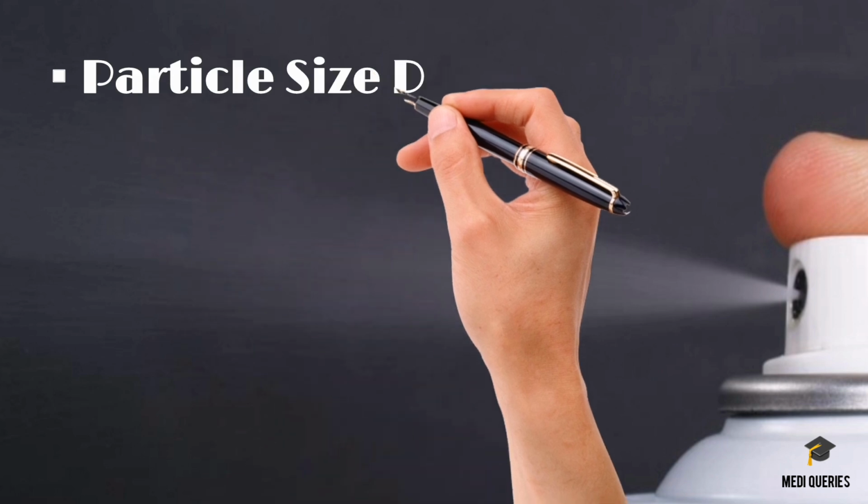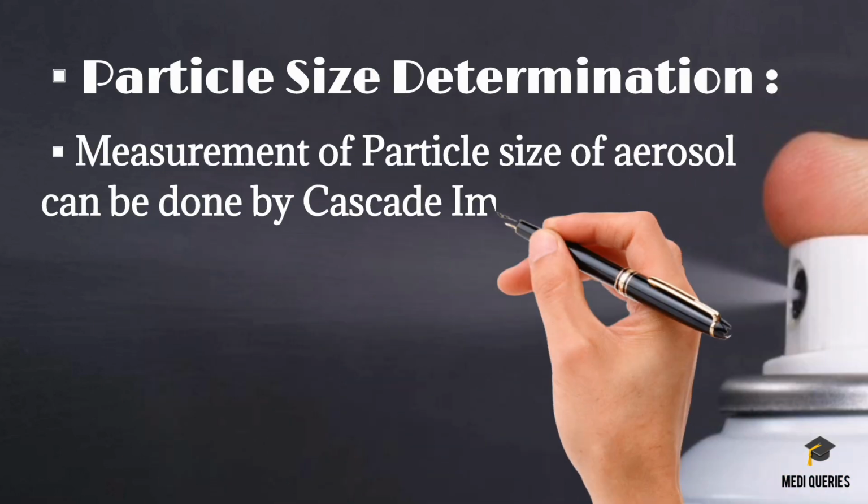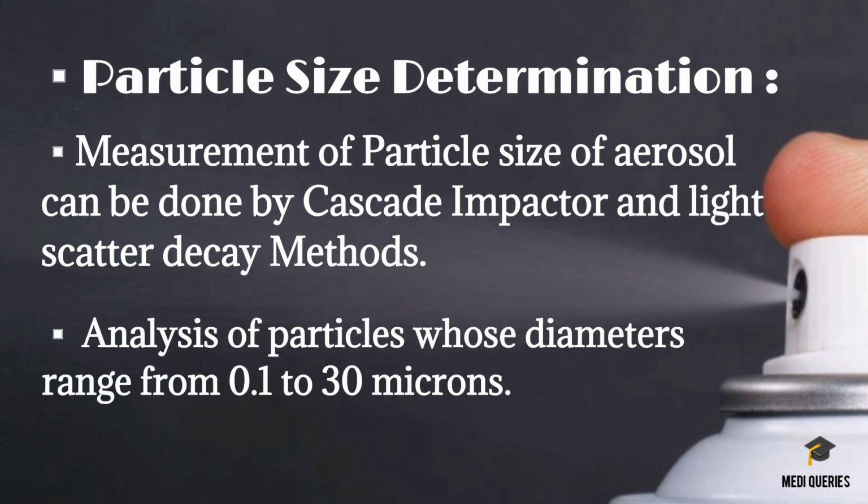Particle size determination. Many methods have been advanced for the measurement of the particle size of aerosols. Among those that have been used to a great extent are the cascade impactor and the light scatter decay method.